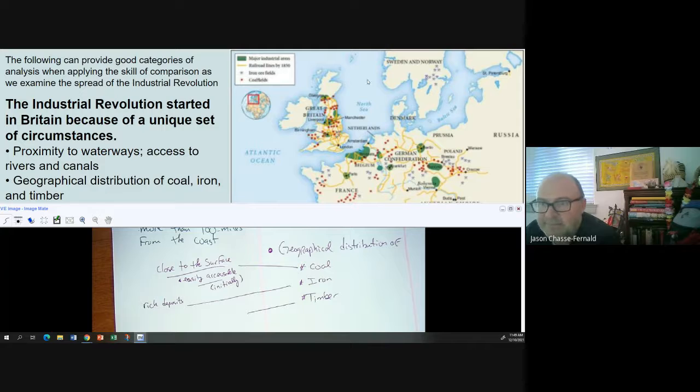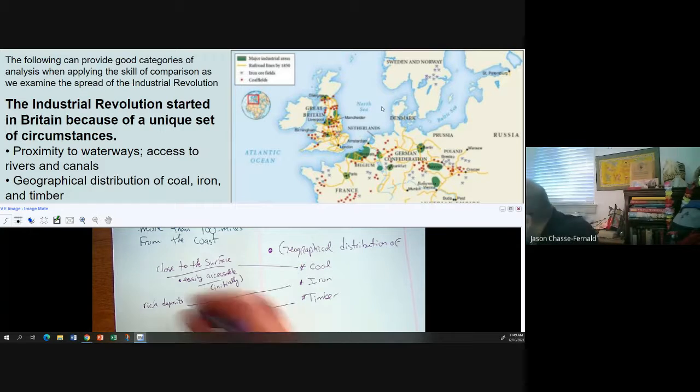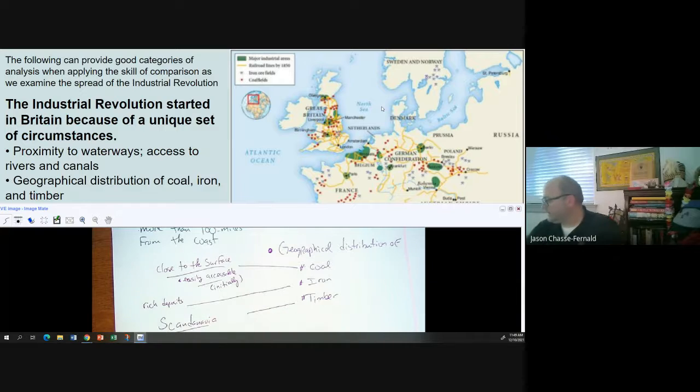However, neighboring Scandinavia is. So it's very easy to trade and get access to timber from neighboring Scandinavia.